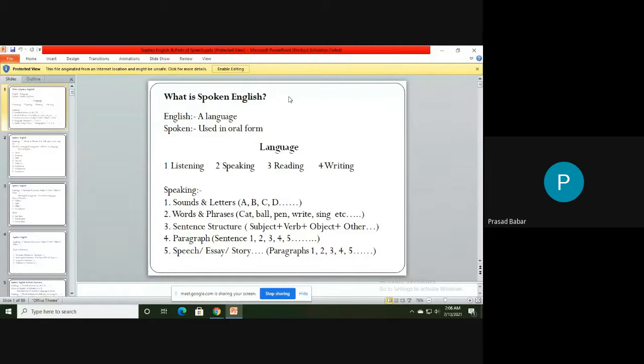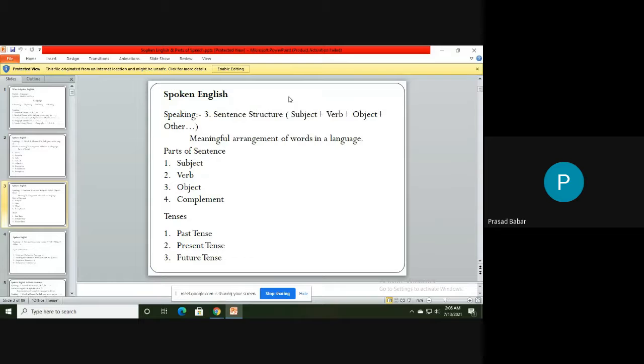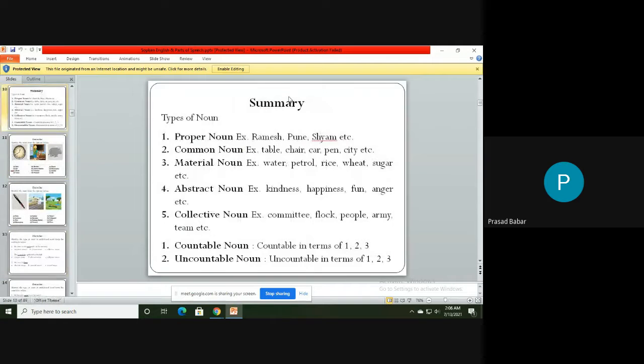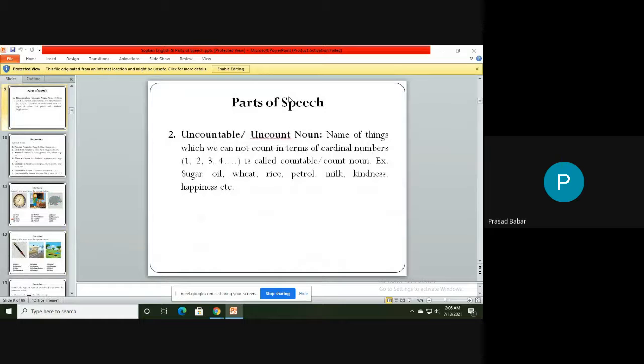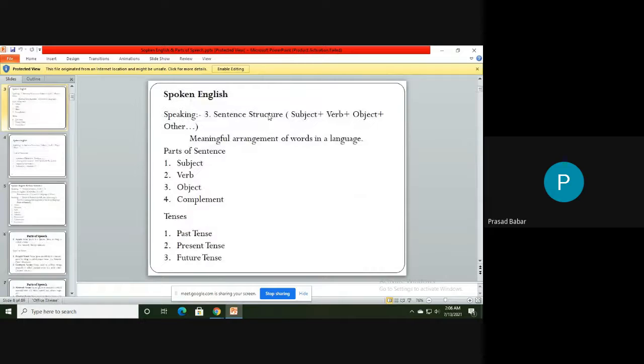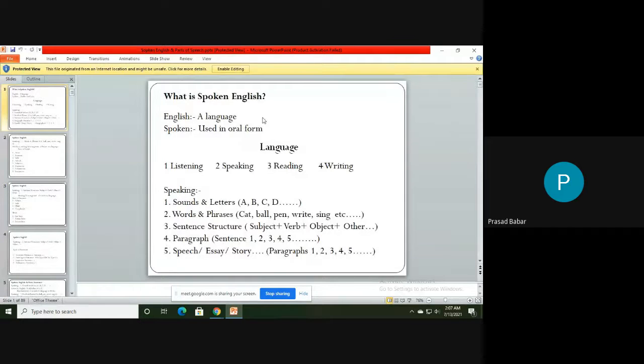Yes. Is this screen visible to B division students? For division A, is this screen visible? Yes.